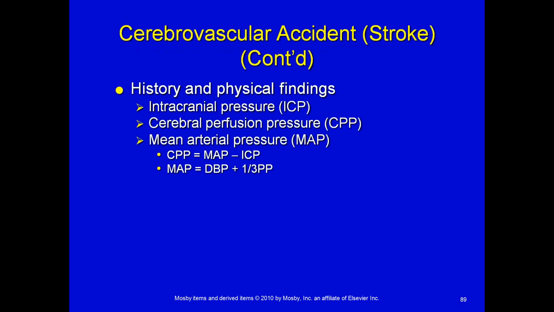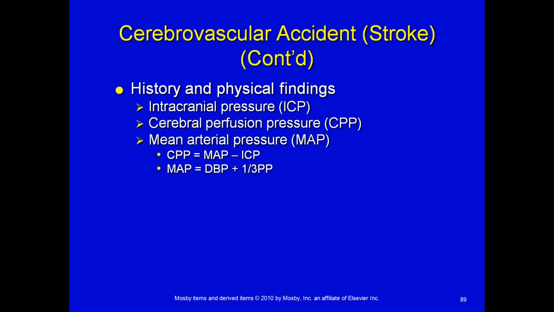Some of your history and physical findings would include, of course, when you obtain your vital signs, it's not uncommon that in a patient having a stroke, particularly a hemorrhagic stroke, you're going to see a really high blood pressure and perhaps a slow pulse.